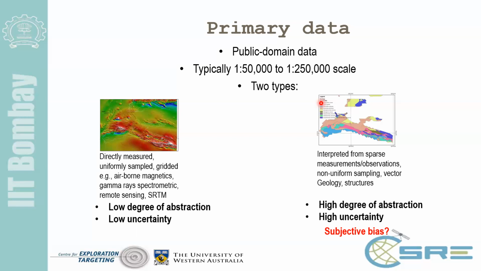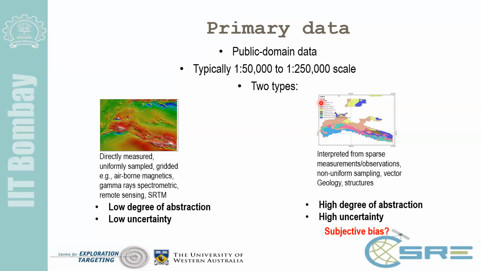On the other hand, the second type of data sets, which we geologists typically use a lot, are interpreted from sparsely measured observations. So creation of a geological map itself is not a uniformly sampled process. You are actually making observations at different distance intervals and trying to interpolate between them. And most of it is my interpretation versus someone else's interpretation.